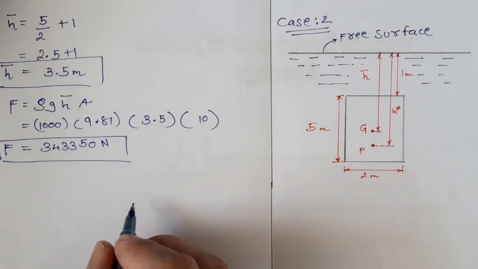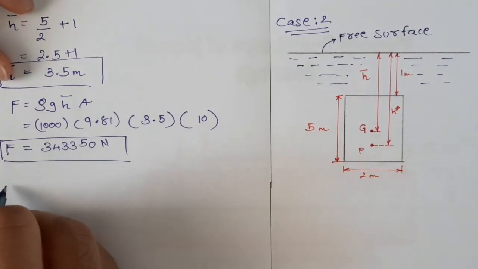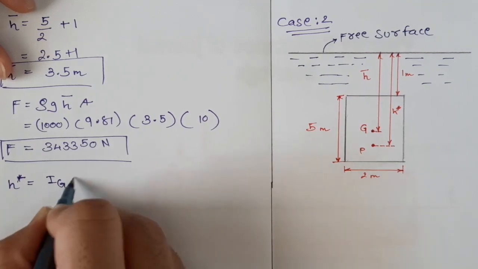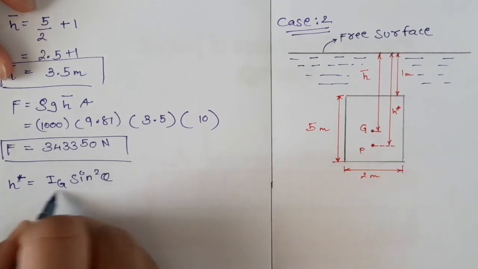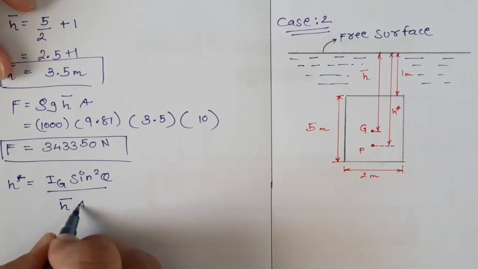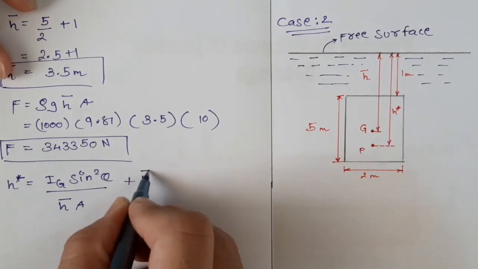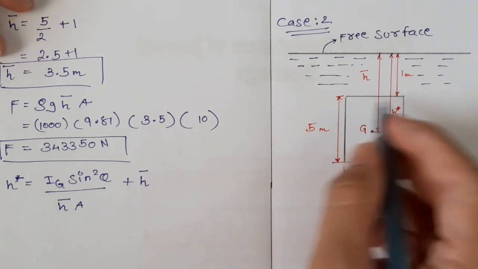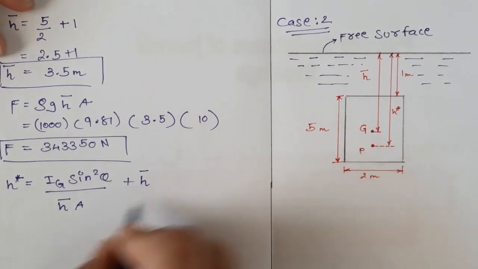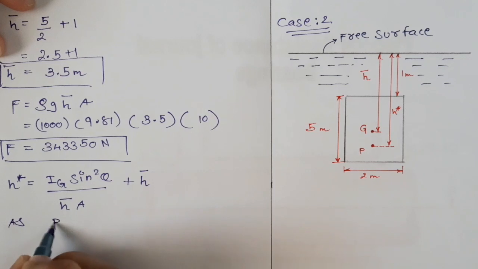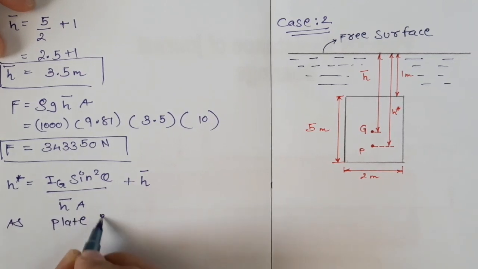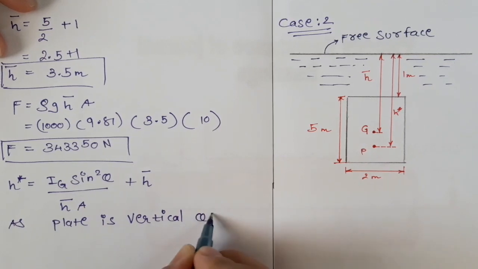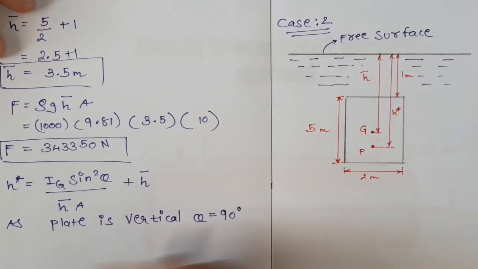Now we will find the location of the center of pressure. As we know, the formula of h star is equal to Ig into sine square theta upon h bar into A, plus h bar. Here, as the plate is vertical, theta equals 90 degree.